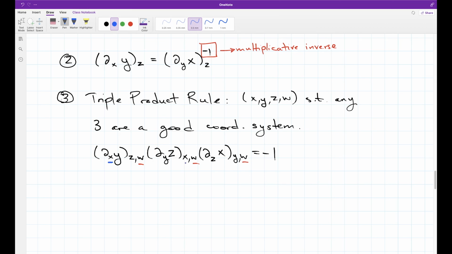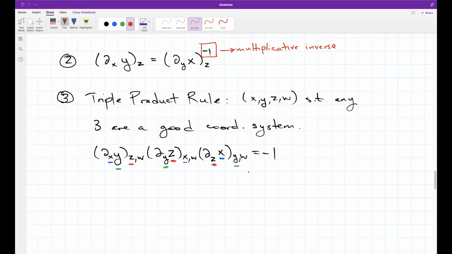So if we always underline X in blue, underline Y in green, and underline Z in red, then we always have blue, green, red, where then we cycle, and so blue would shift all the way to the right as everything else moves to the left. So we have blue, green, red, blue, green, red, blue, green, red. So we have sort of cyclic permutations of these three variables, and these are equal to -1.